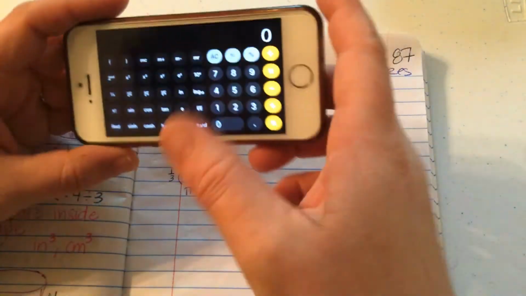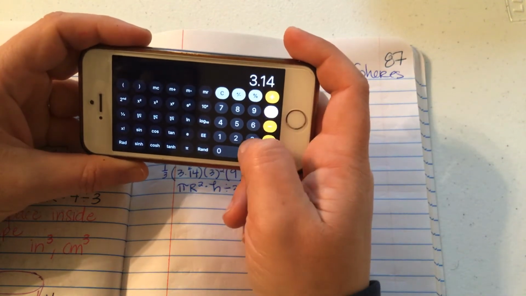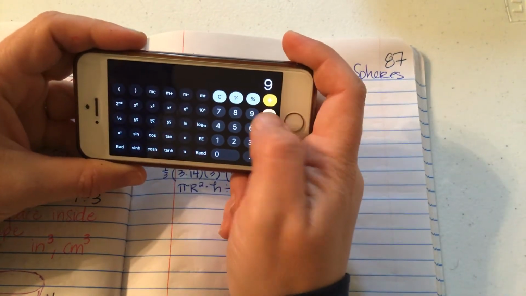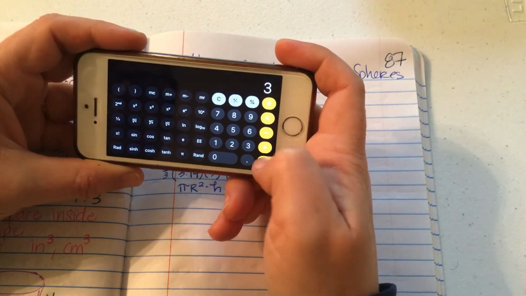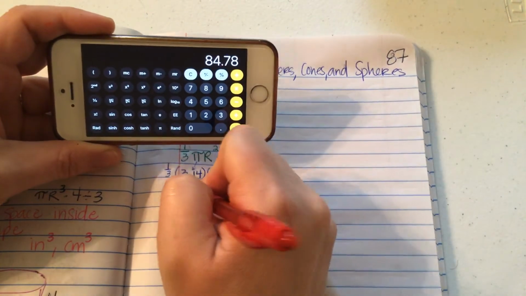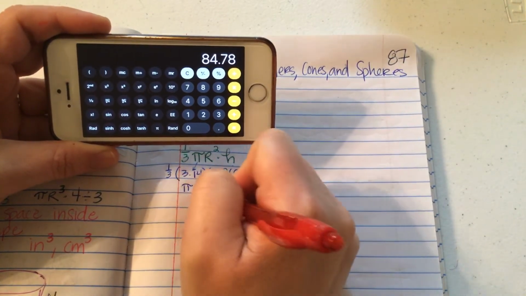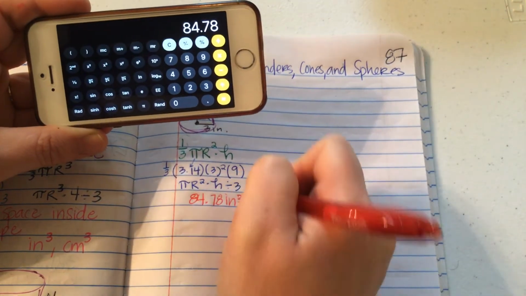Again, if you want to use your exponent button, 3.14 times 3 squared times 9 divided by 3. And so my volume is 84.78 inches cubed.